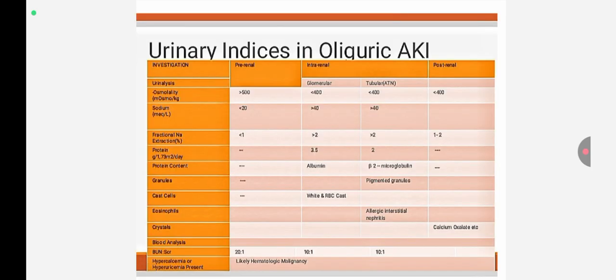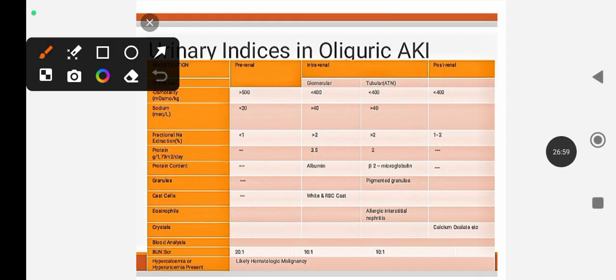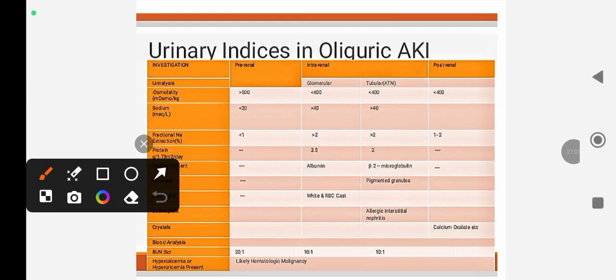Now let's look at the urinary indices in AKI. What are the urinary indices once you take your urinalysis? In prerenal, the osmolality is greater than 500, while in others it is less than 400.